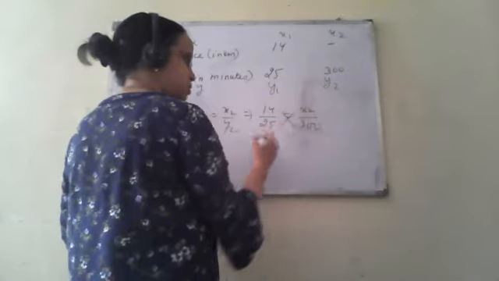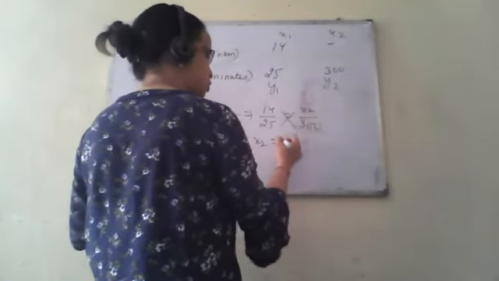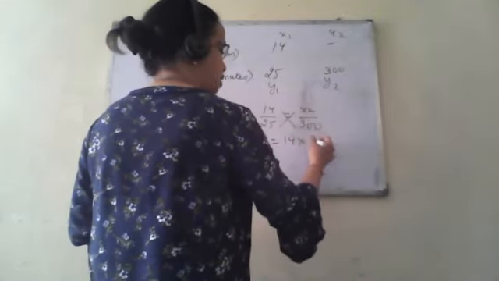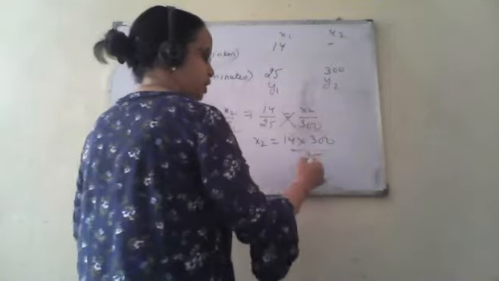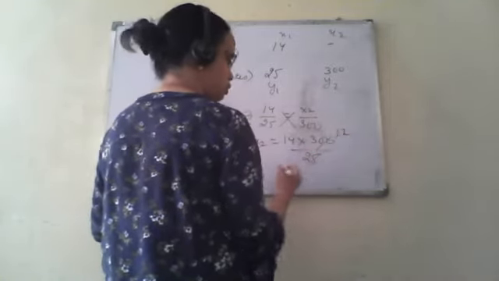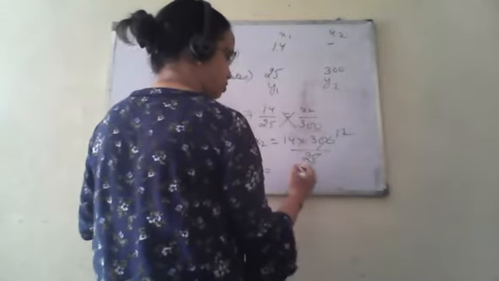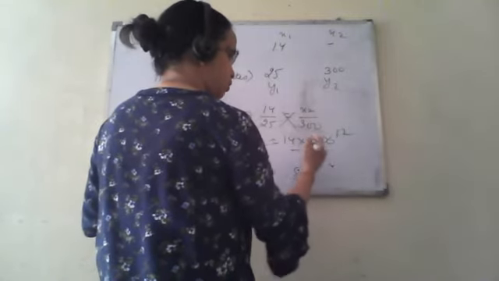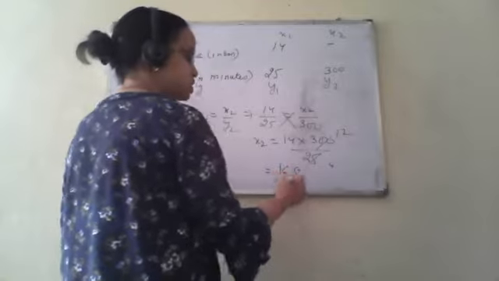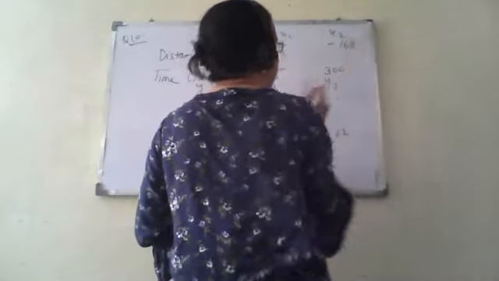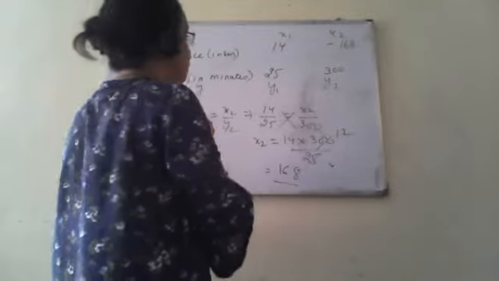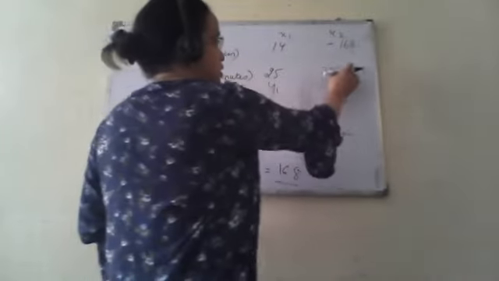So by cross multiplication, x2 equals 14 into 300 upon 25. Now we can cancel out. X2 is 12 fours are 48, and this is 168 kilometers. So 168 kilometers it can travel in this 5 hours or 300 minutes.